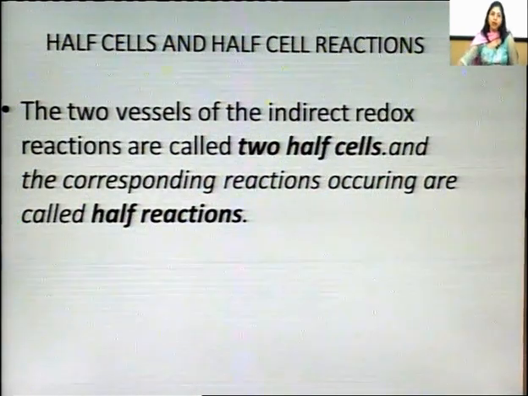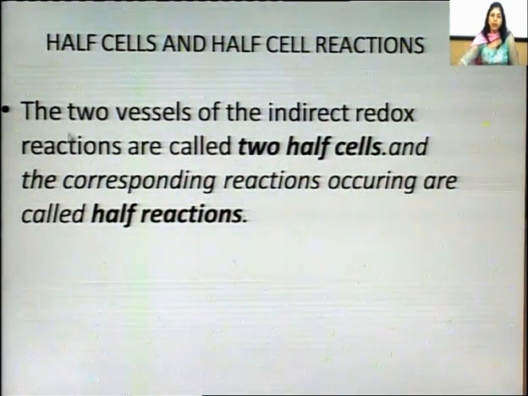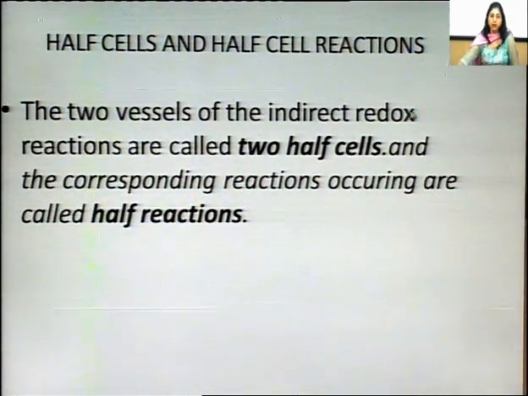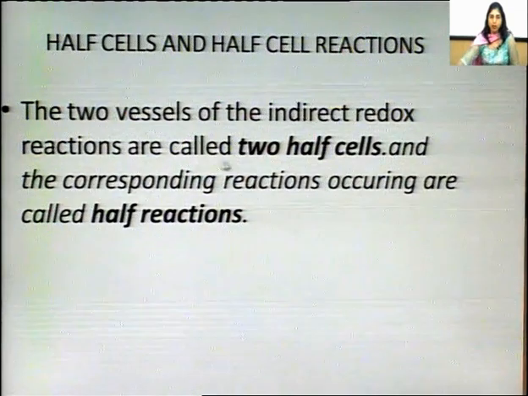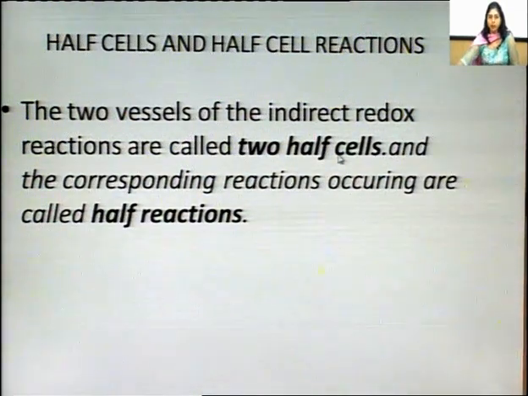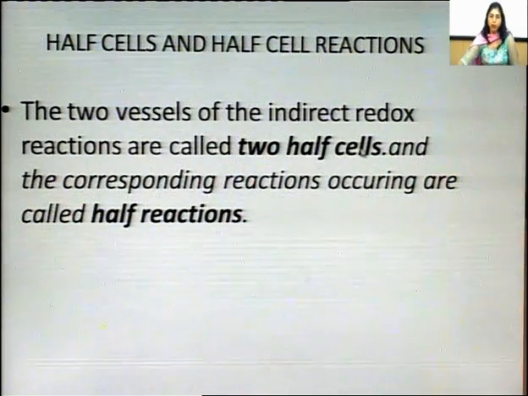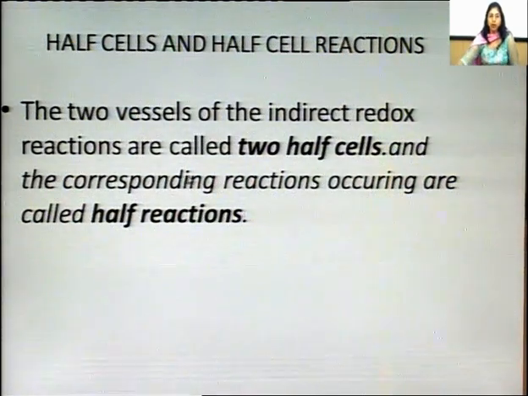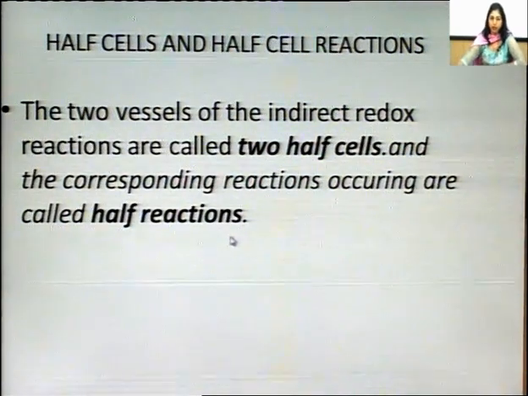Now, what are half cells and half cell reactions? The two vessels of the indirect redox reaction are called two half cells, means the two beakers or vessels where oxidation and reduction are occurring. They are known as two half cells, and the corresponding reactions occurring are called half reactions.